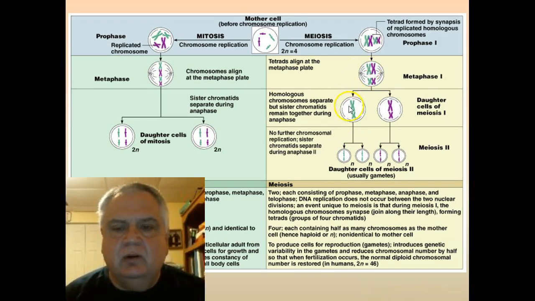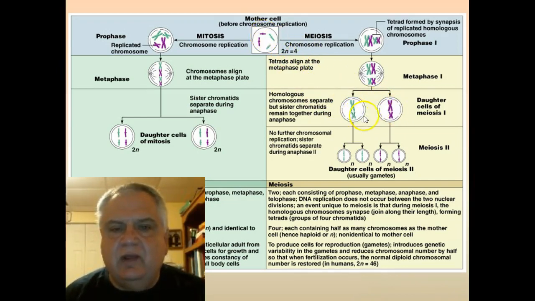Okay, now remember, these duplications contain the exact same information. So essentially, this cell gets the information from this chromosome and from this chromosome. And this cell gets the information from this long purple chromosome and this short purple chromosome.